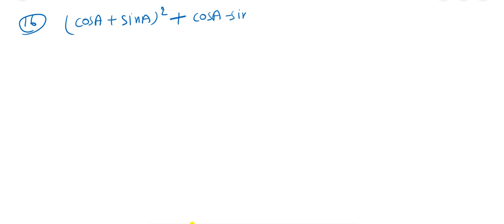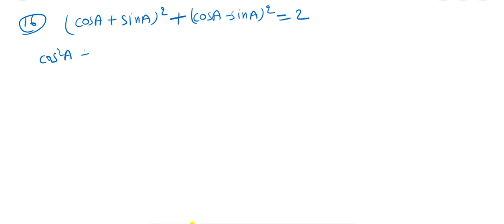Let's see, cos A plus sin A whole square plus cos A minus sin A whole square equal to 2.